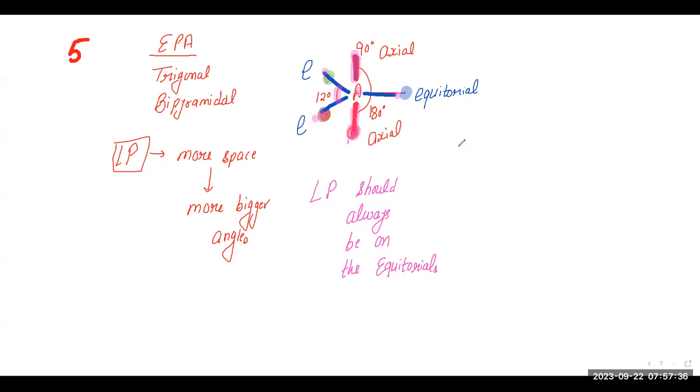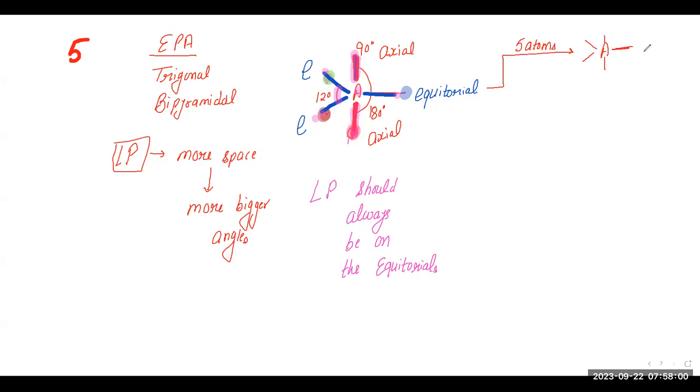Okay, now let's try to understand this. So all 5 atoms, no lone pair. Then the structure will be a perfect trigonal bipyramidal. No distortion like this.